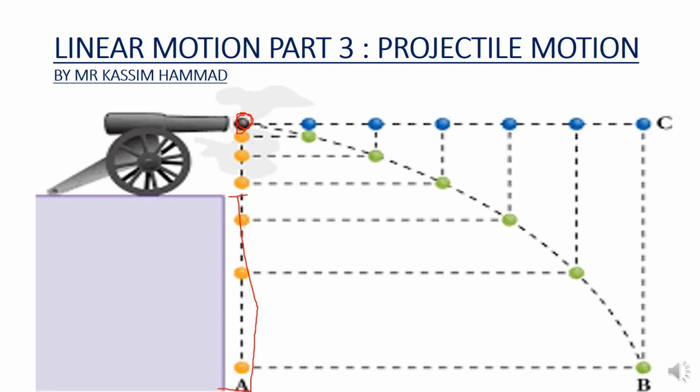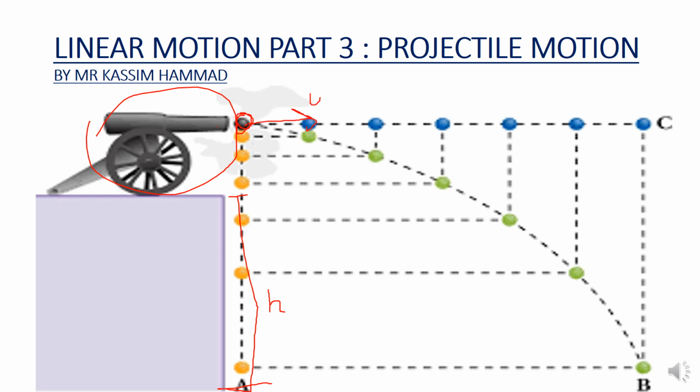There is some height from the place where hii bunduki imewekwa to the ground. It is at a specific height above the ground, iko juu ya ardhi kabisa. So projectile motion is whereby this thing hapa inatoka from this thing at an initial velocity.